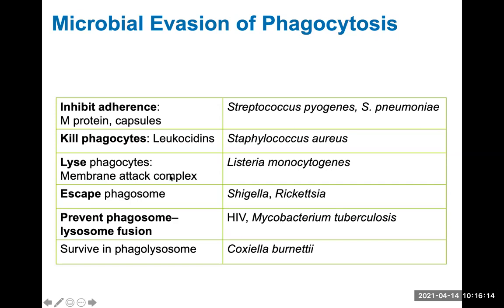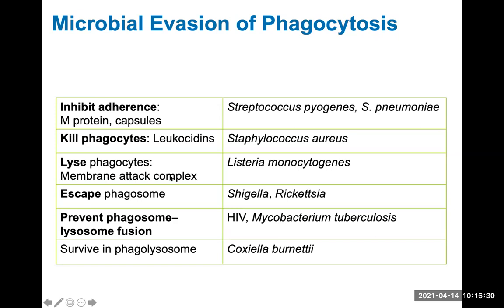And remember, Rickettsia, Rocky Mountain spotted fever, for example, all of the spotted fevers are different Rickettsia bacteria. They're able to escape the phagosome, and so is Shigella.